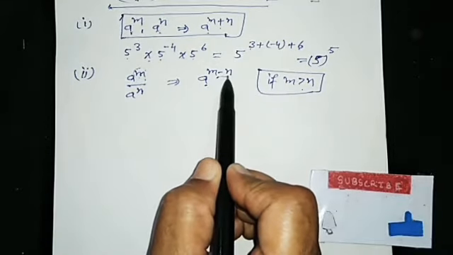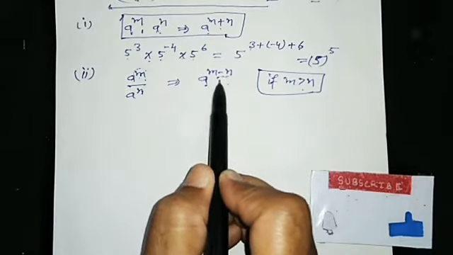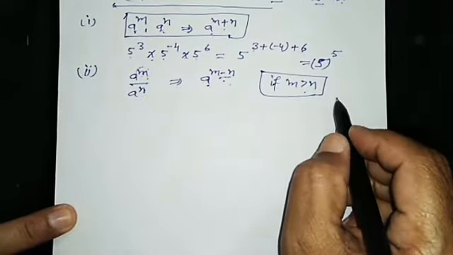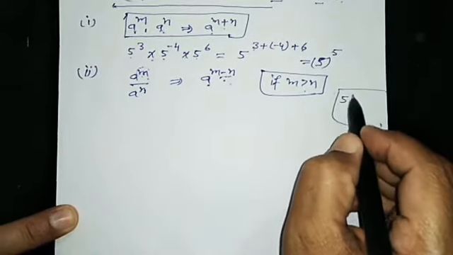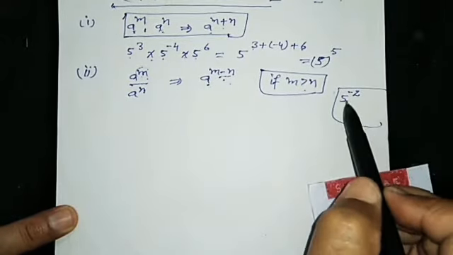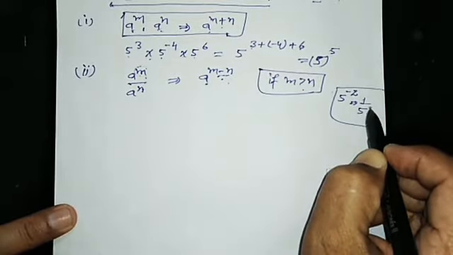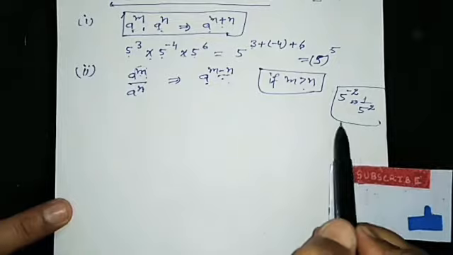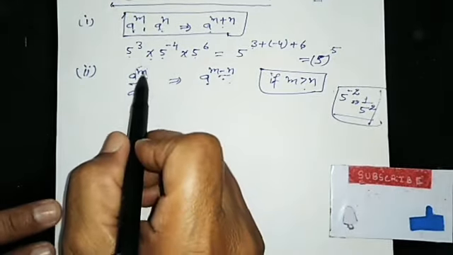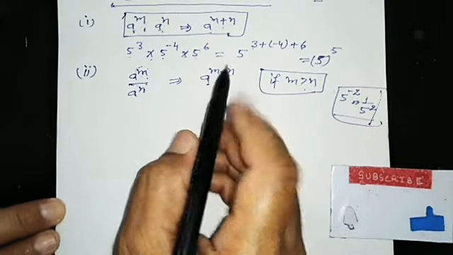If we have 5 power minus 2, can we leave it here? No, we should write it as 1 over 5 power 2, that is a positive power. So when the base is the same and the numbers are divided, the powers subtract.